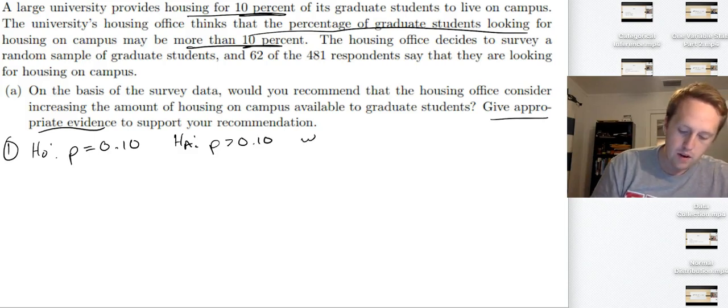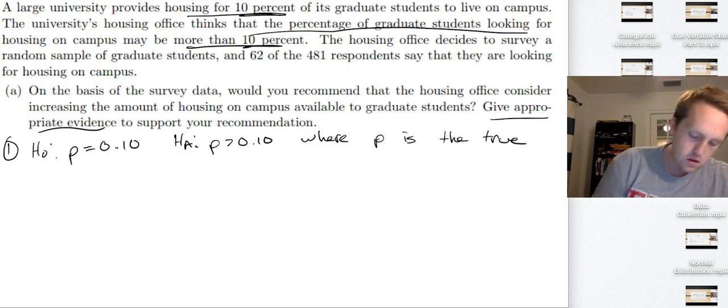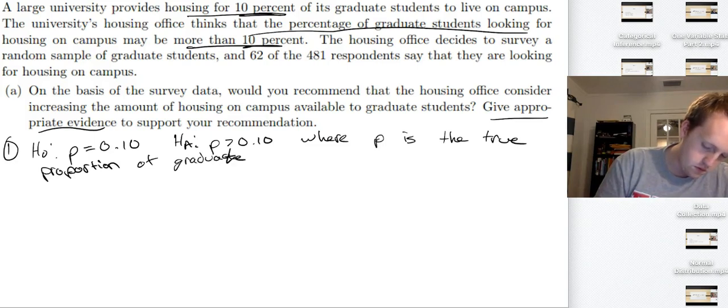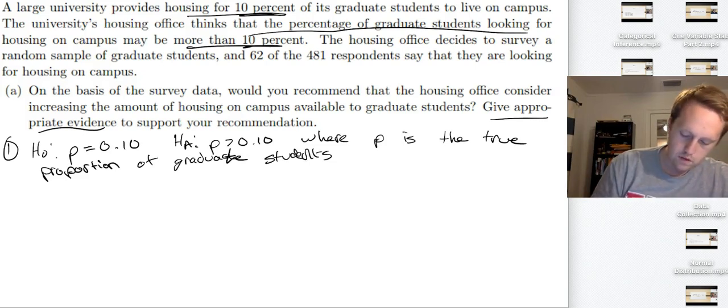And I need to define the parameter. So where p is the true proportion of graduate students looking for housing on campus.